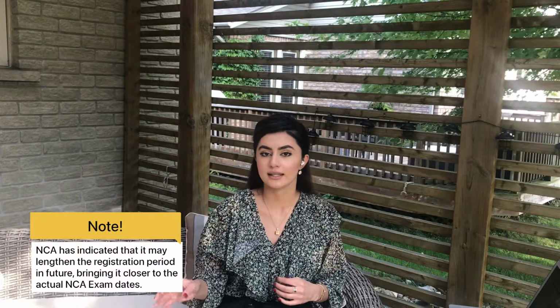Currently, the NCA exams are being administered on a monthly basis. That means there are different exams for each month that are available to candidates. The 5 core courses are usually available for each sitting. Registration is closed about 3 months prior to the month in which you will be writing the exam.